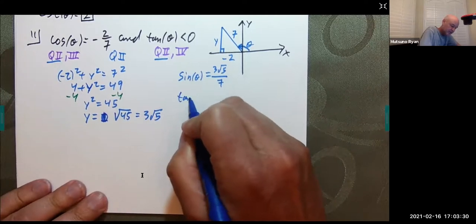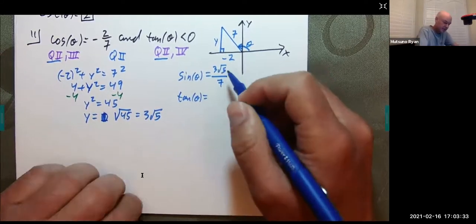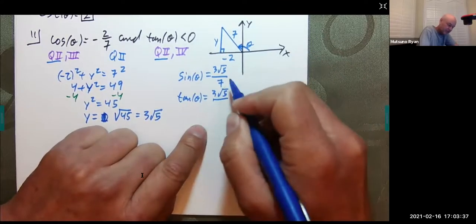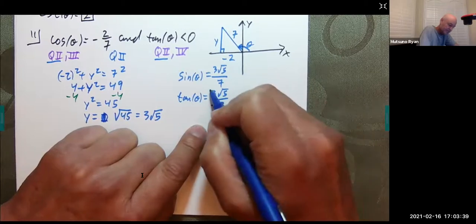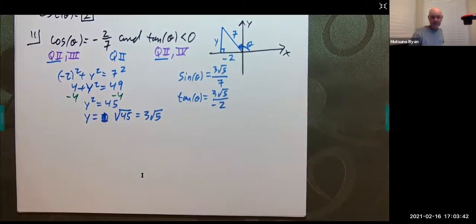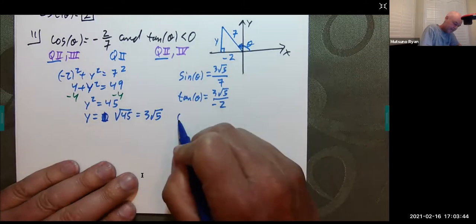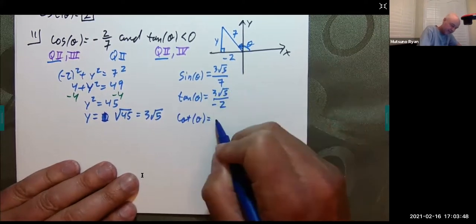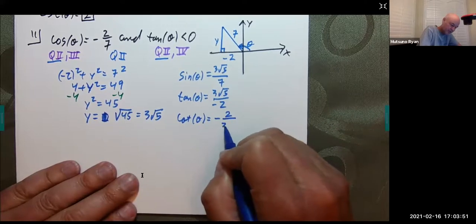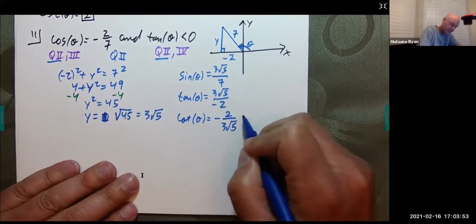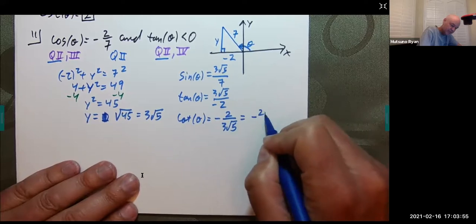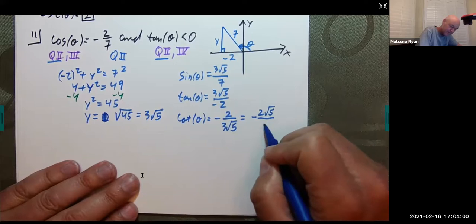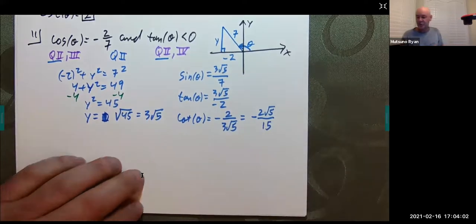Tangent of theta is going to be the opposite, 3 root 5, over the adjacent, which is negative 2. Cotangent of theta is going to be the reciprocal of tangent. That's negative 2 over 3 root 5. We could simplify that to negative 2 root 5 over 15. Either answer should work.